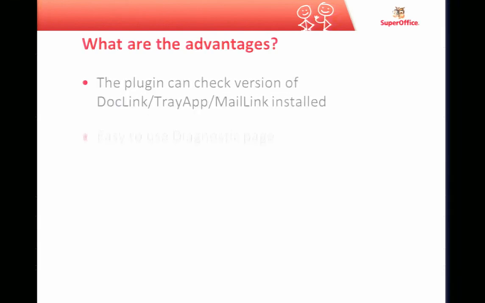So, just to sum up some of the advantages of this. It can also detect the version of DocLink or Tray App or MailLink, depending on whether you're running a Mac or Windows. This is a huge advantage for, for example, our support departments for debugging. You have this diagnostic page, which is quite fine, that you can use to just see if everything is installed correctly.